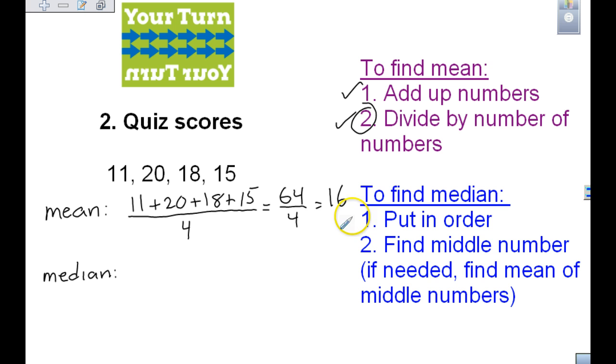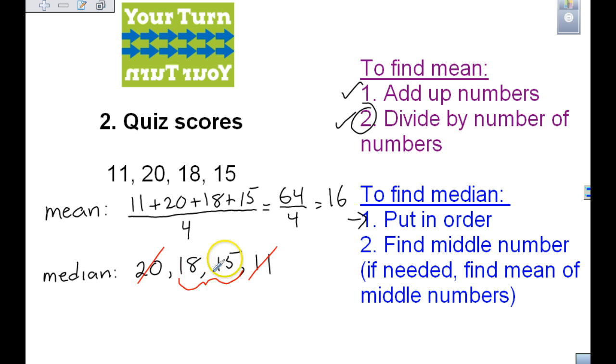Now the median, you'll notice here it says median is put in order. Now notice how it does not say ascending or descending, right? It just says put in order. So I'll do descending. 20, 18, 15, 11. And then once again cross off in pairs, and now we're left with 2.